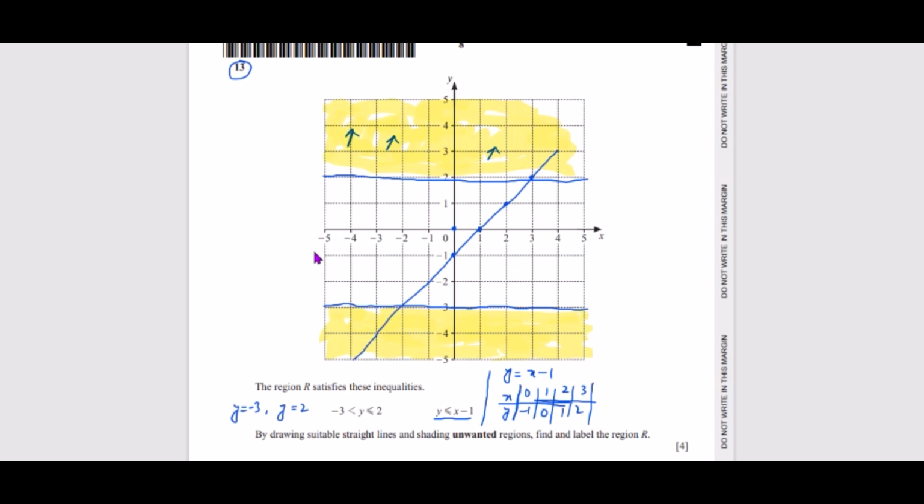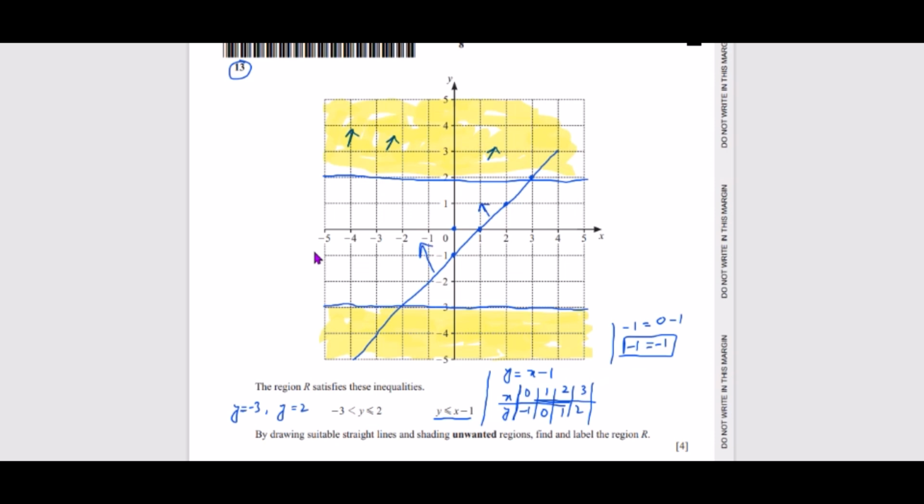Now we check whether the region is away from the origin or toward the origin, so put these values here. Y is equal to x minus 1, with x is equal to 0 and y is equal to 0: 0 is greater than or equal to -1, and this is true. If the inequality is true, then it is toward the origin.